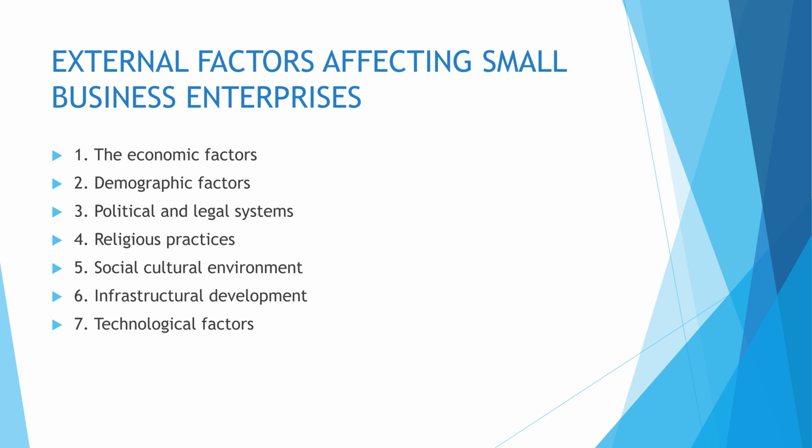Infrastructural development includes such things as power, transport network, and communications network, which influence the patterns of production and distribution of products and services. On the other hand, if infrastructure were not well developed, it would be difficult to start and operate a business in that place.